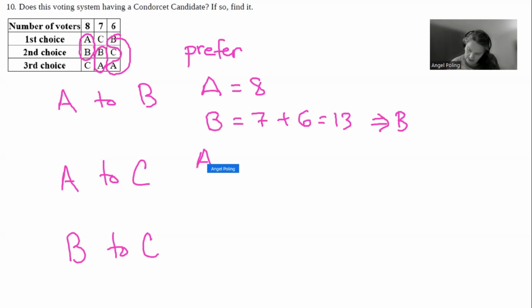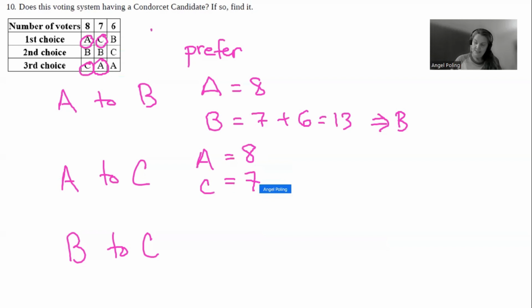Now, A and C, we've got in the first group, we have A over C. So 8 prefer A to C. In the second group, C is more preferred than A. So 7 go to C. And then in the last group, 6 prefer C over A. So again, we have 13 to 8, and C is the preferred winner.